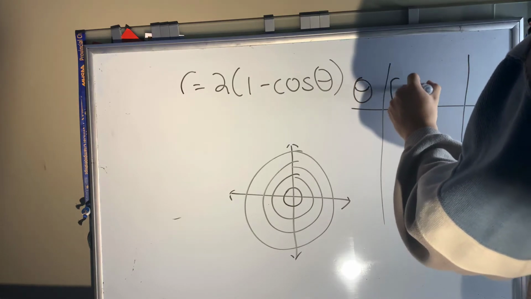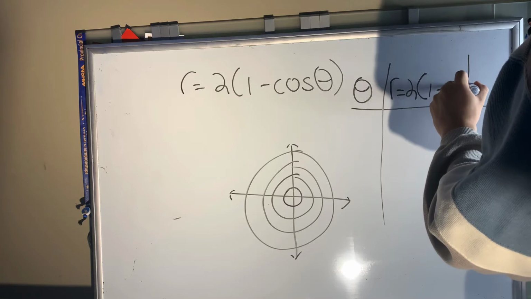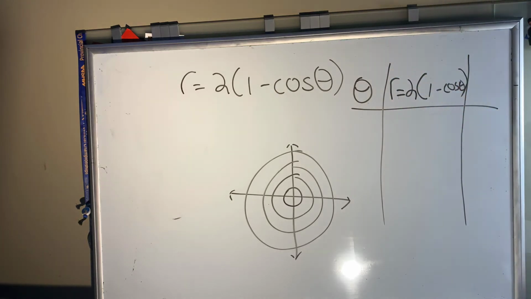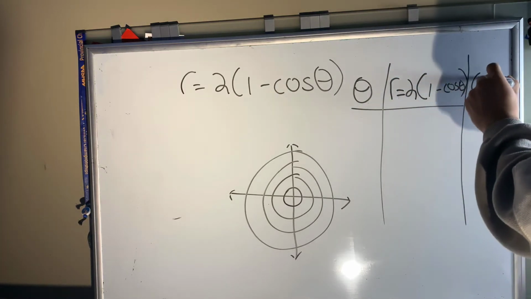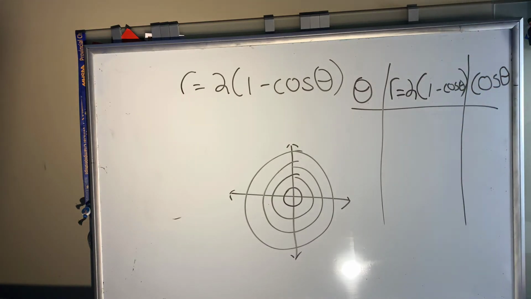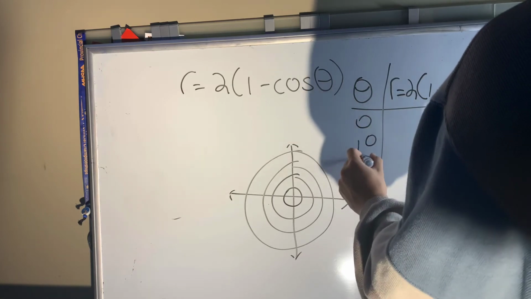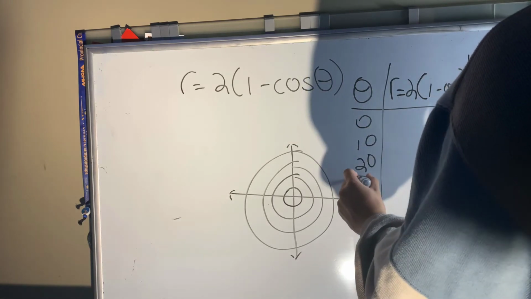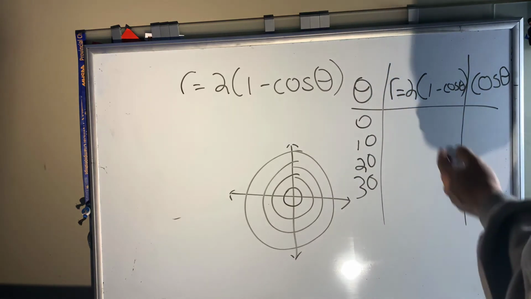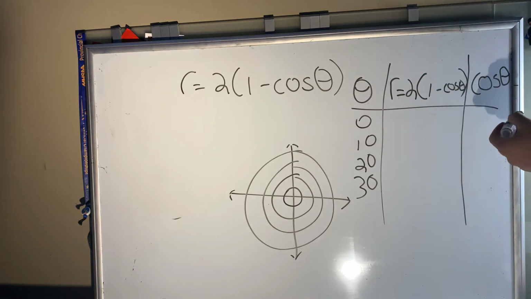This part of the chart is r equals 2 times 1 subtract cos theta. And this would be what cos theta would equal. So what we could do here is add as many angles of theta as we want and substitute them for theta right here to find cos theta.